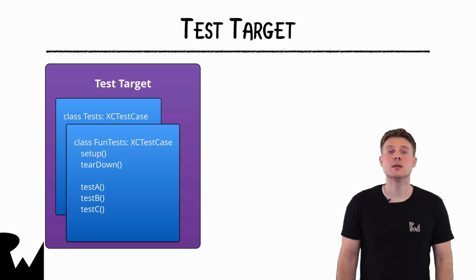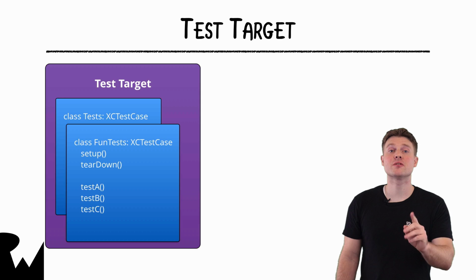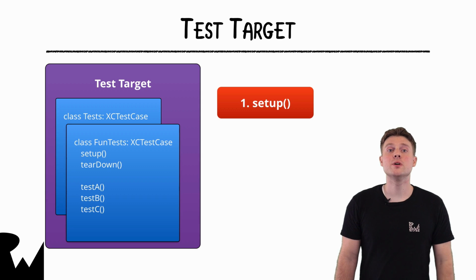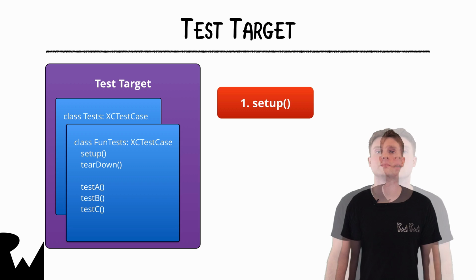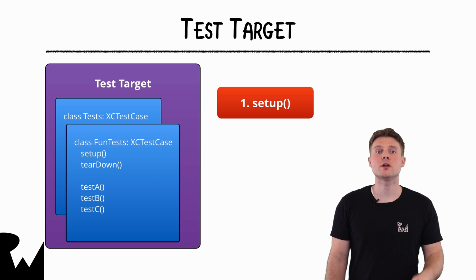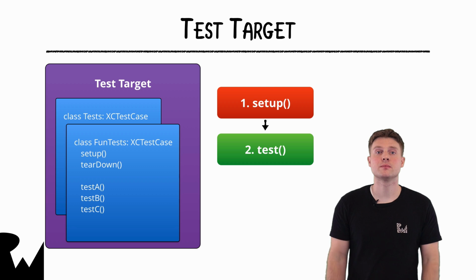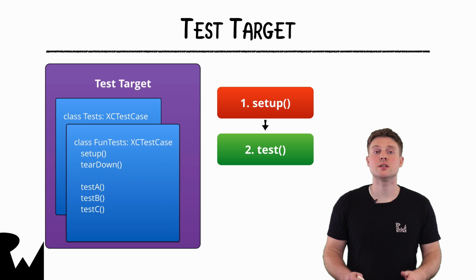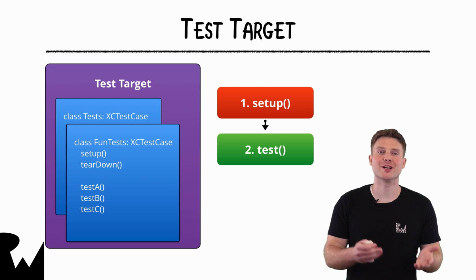When you run a test, here's what happens. First, the test runner looks for the method setUp, which you're expected to use to perform test method setup. Next, the test runner executes one of the test methods that begin with the word test. Test order is not guaranteed, so it's important to make sure your tests are designed to be independent from one another.